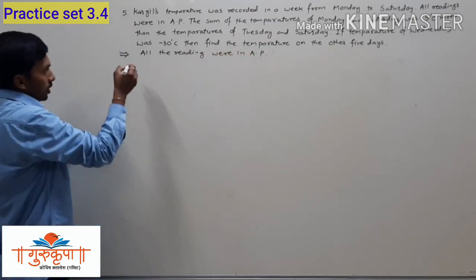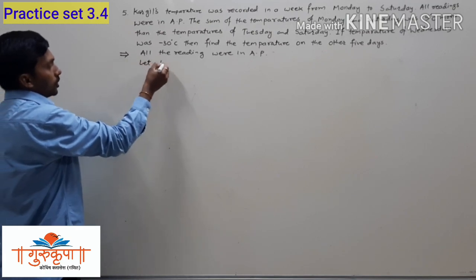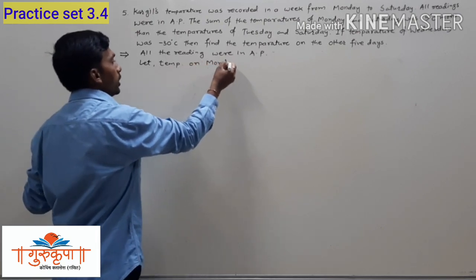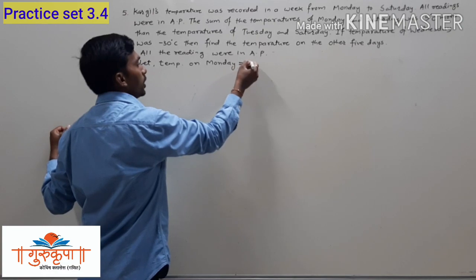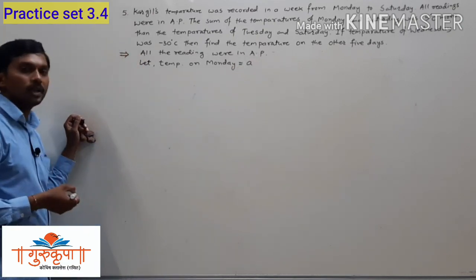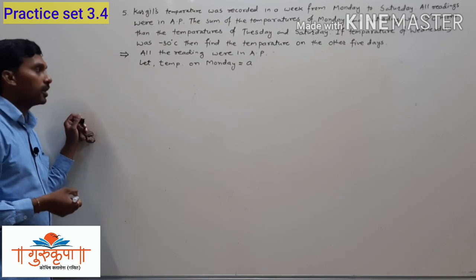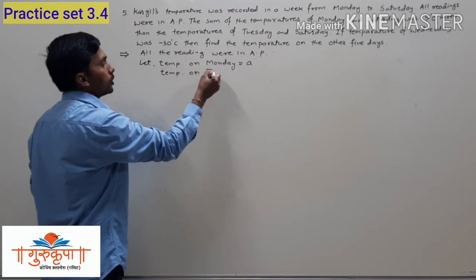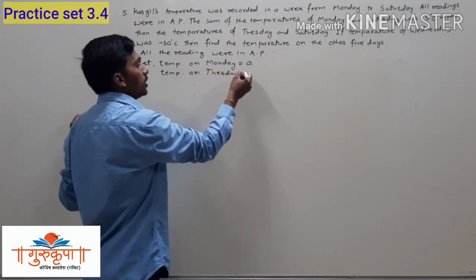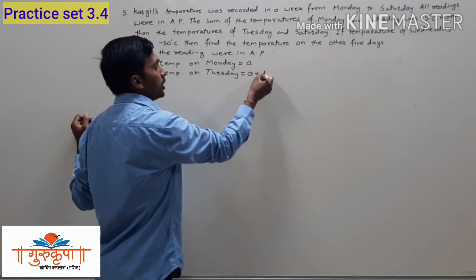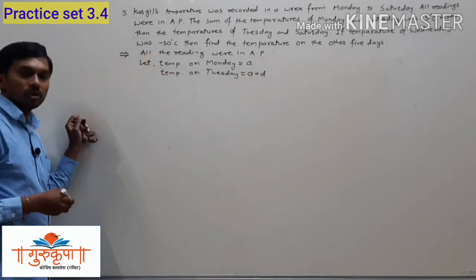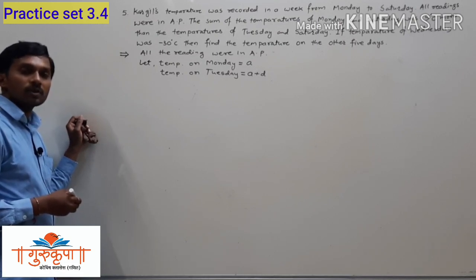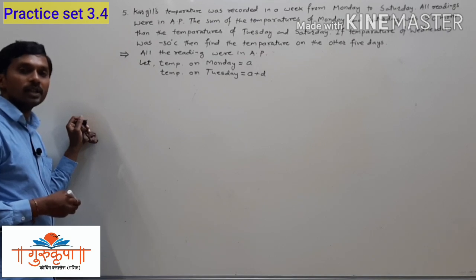So let temperature on Monday be equal to A. Then temperature on Tuesday is equal to A plus D. Here we have to take the 6 terms from the general representation of an AP.